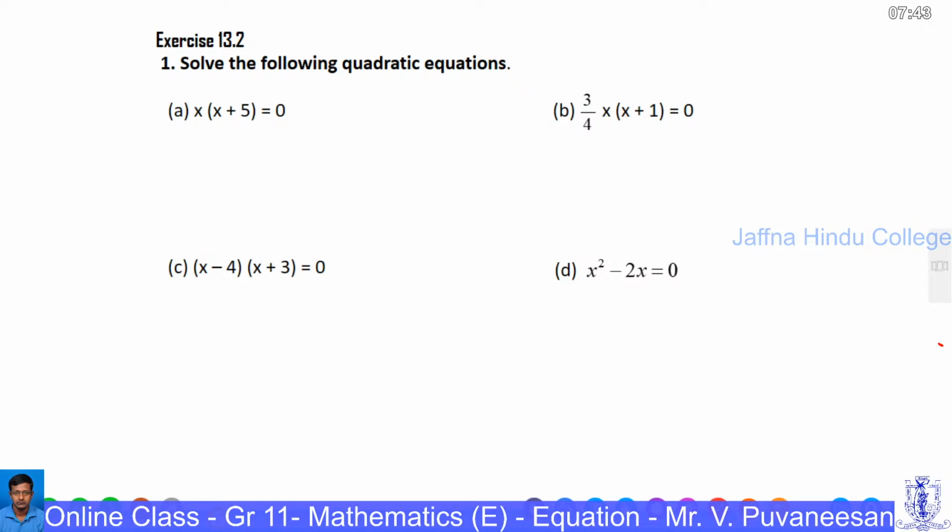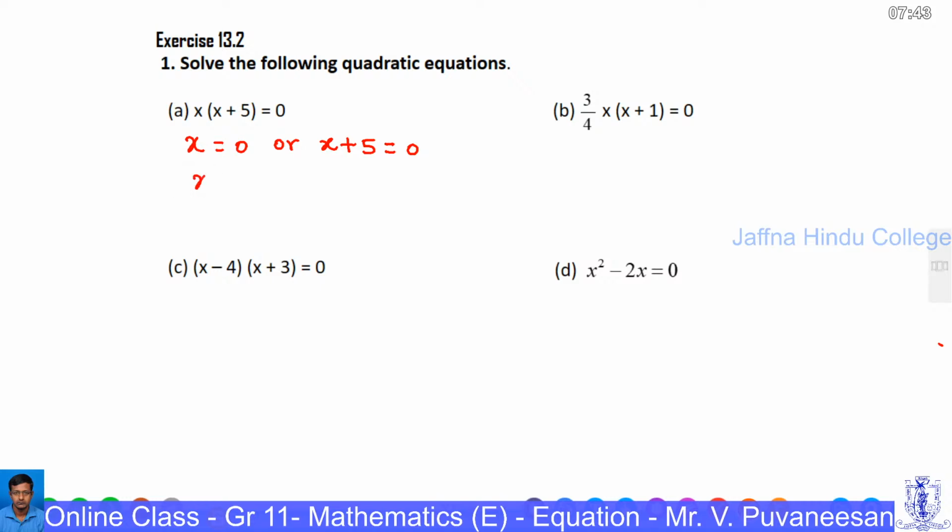Listen here. First one: x into x plus 5 is equal to 0. Here there is a product of two terms, one is x and the other one is x plus 5. So x is equal to 0 or x plus 5 is equal to 0.